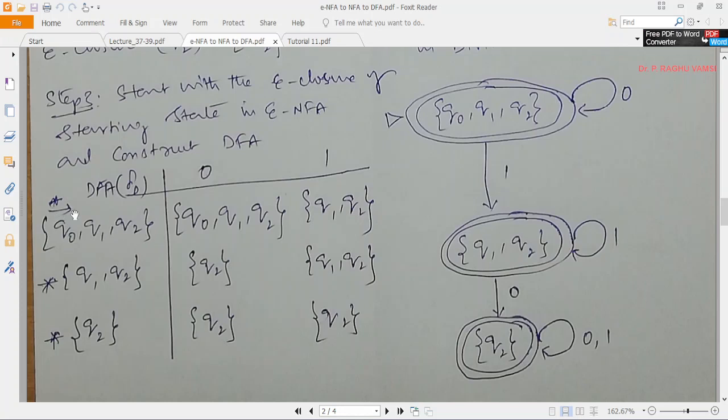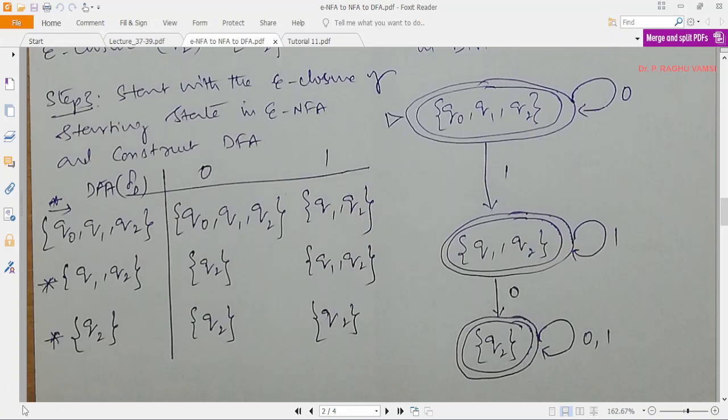So that is why it is the starting state as well as the final state, indicated by a star. {Q1, Q2}, in which Q2 is the final state, so the entire set should be a final state. That is the reason it was marked with a star, and Q2, which itself is the final state, is also marked with a star.